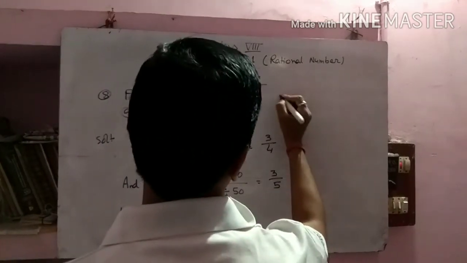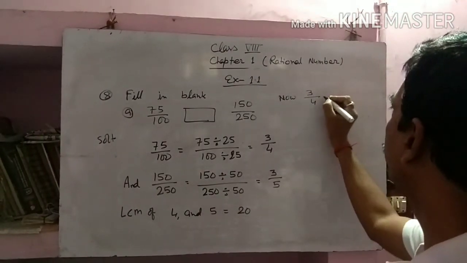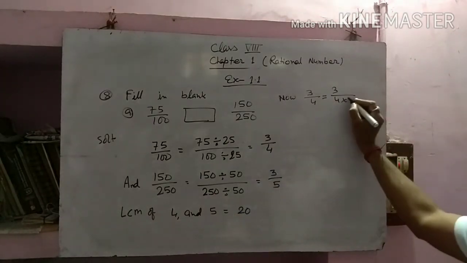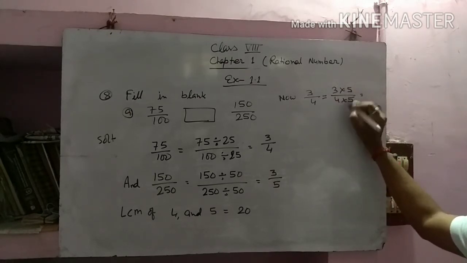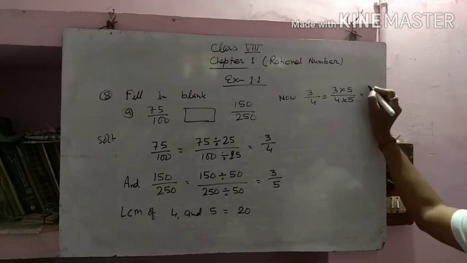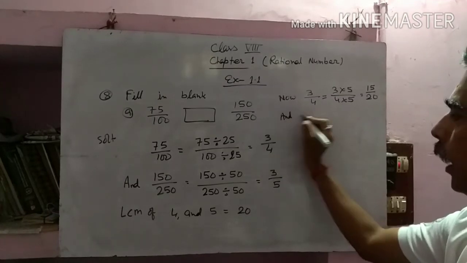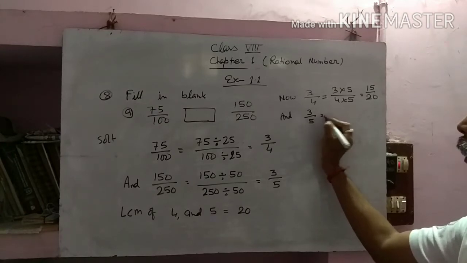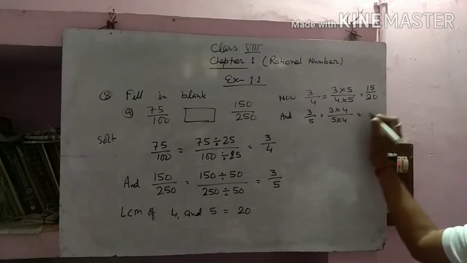Okay, now 3 by 4, its equivalent value is 3 by 4 into 5 by 5, and we have just multiplied numerator and denominator both by a common number, so it becomes 15 by 20. Similarly, 3 by 5 is equal to 3 into 4 by 5 into 4, equal to 12 by 20.